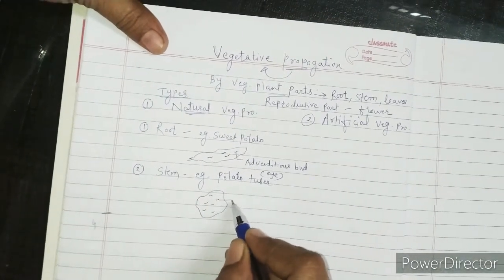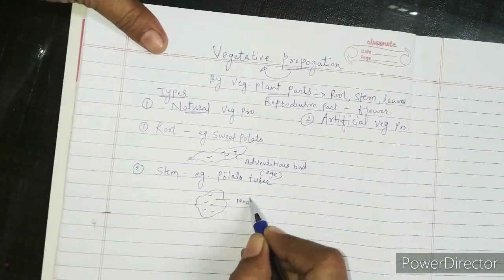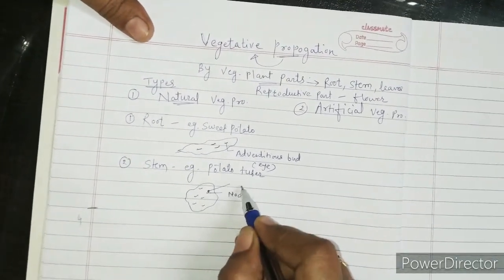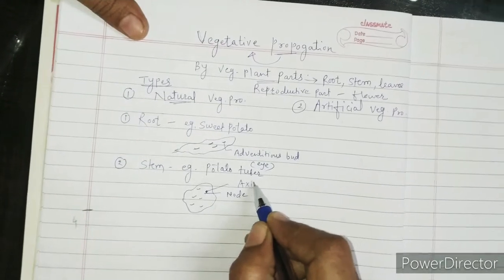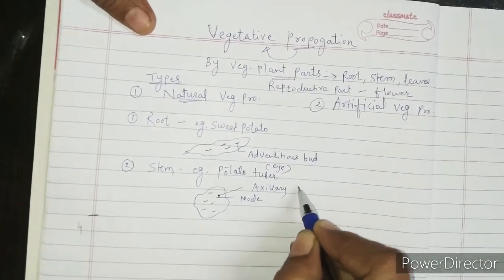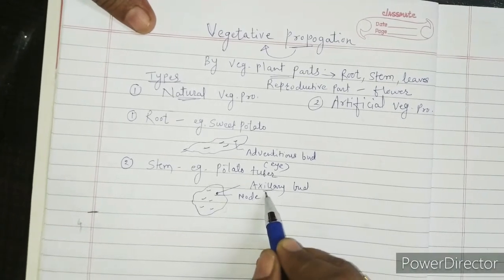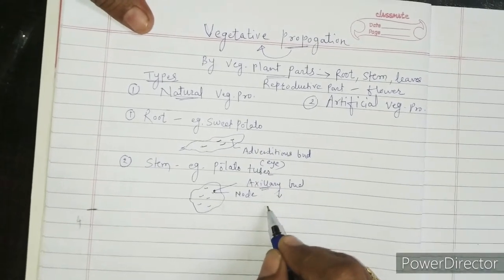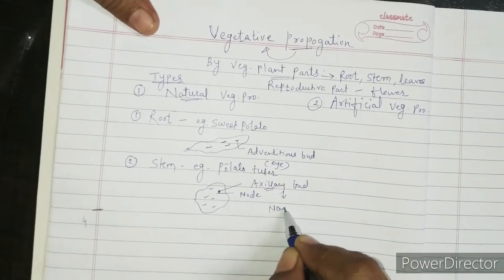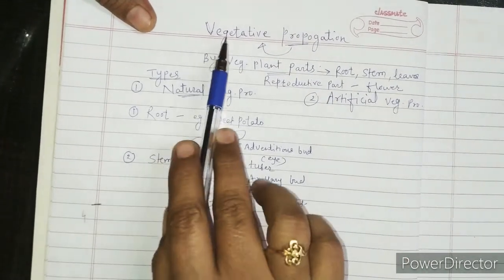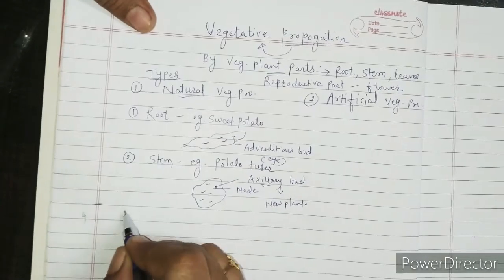Suppose this is the node, and in the node region there is a bud called an axillary bud, and this axillary bud also sprouts and gives rise to a new plant. So it is also used for vegetative propagation, like this.